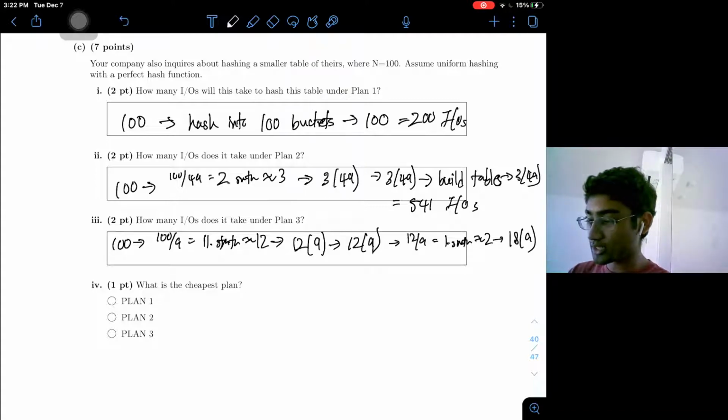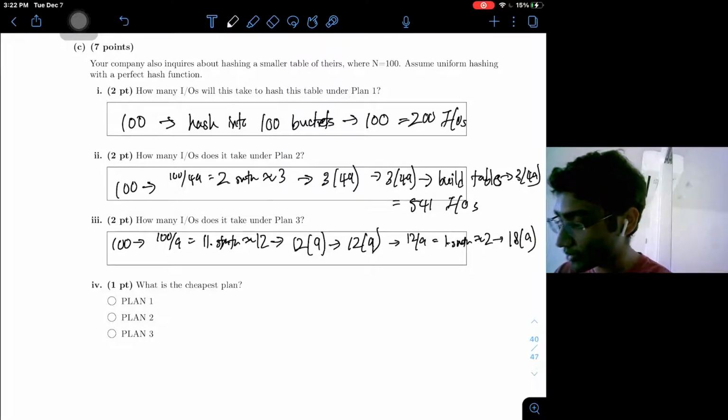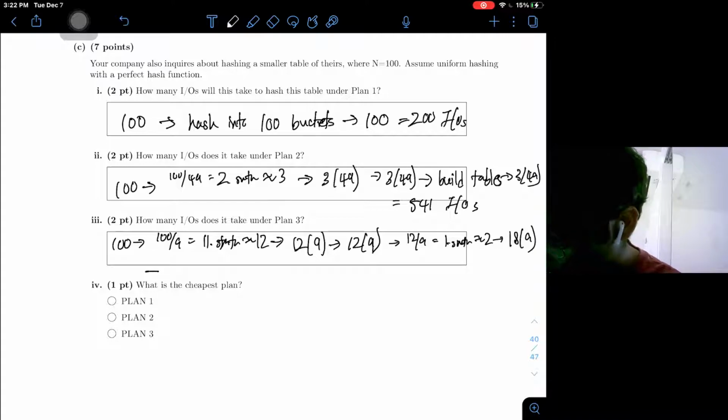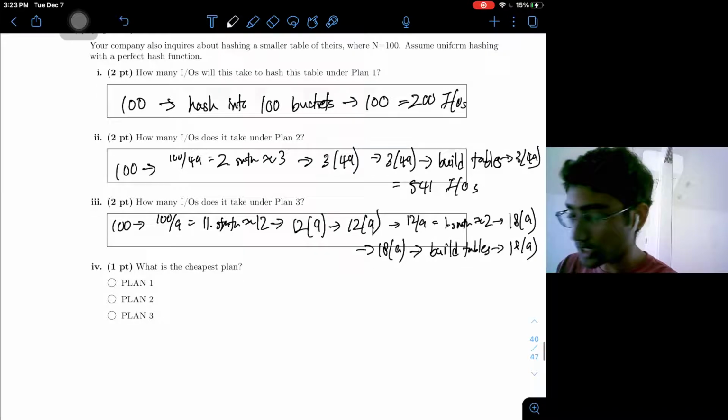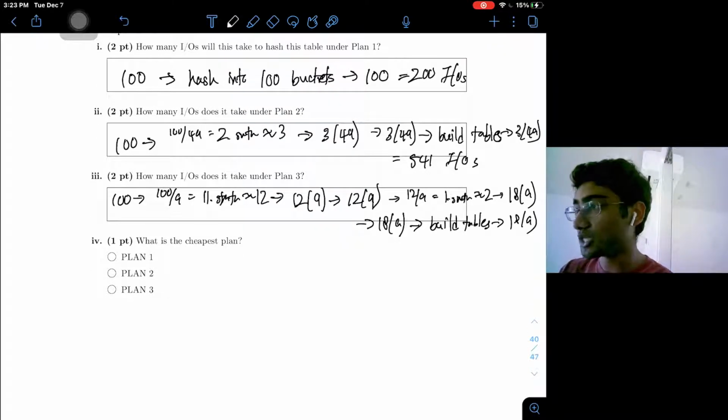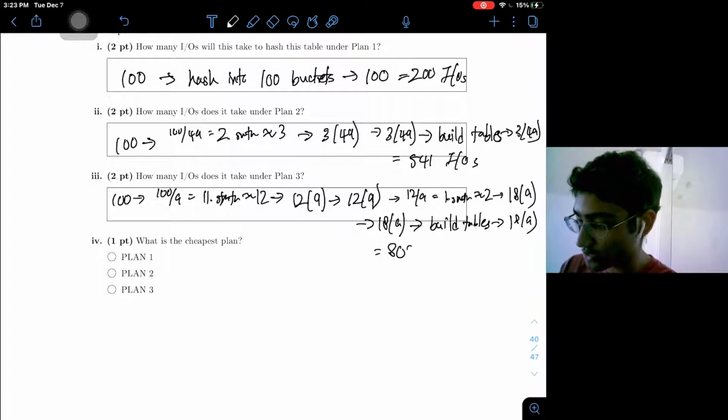And then at this point, they are small enough, since they're size 2, to fit into memory. So we're going to read that back in, build the tables, and then write them back out to disk. And so that is going to yield us 802 IOs.